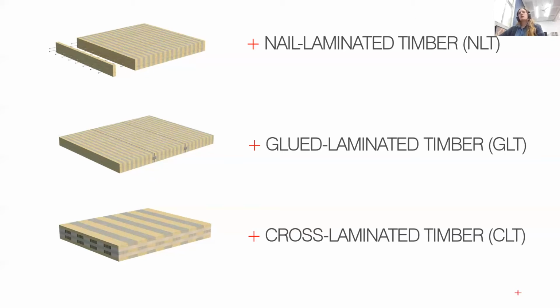Then we're talking about mass timber systems in general. We're talking about large built-up engineered sections, something different from light frame timber construction, where we're using large, heavy sections to build buildings from a kit of parts.